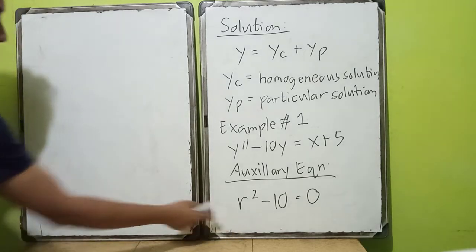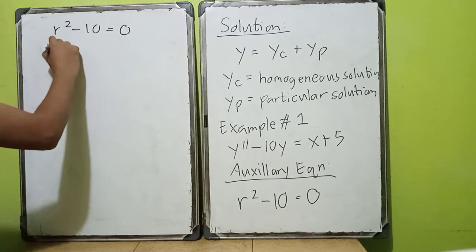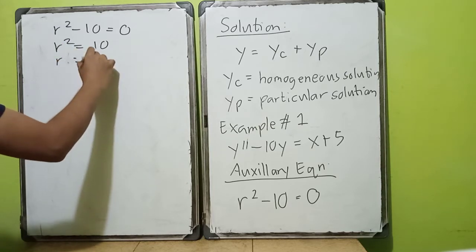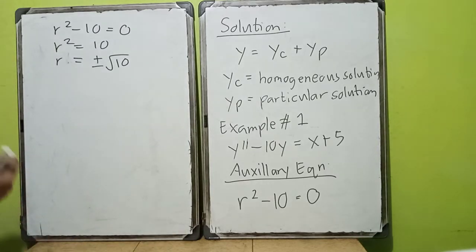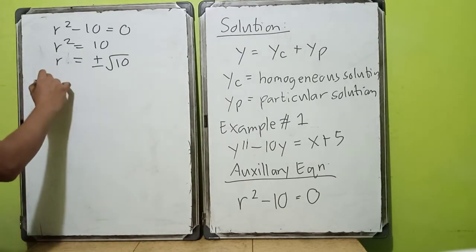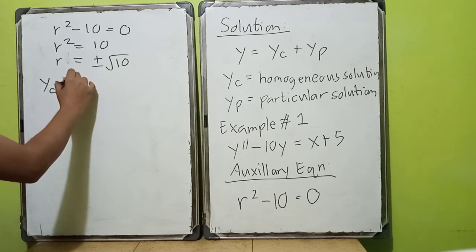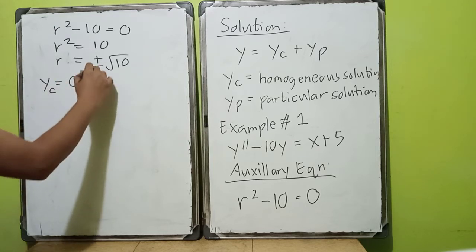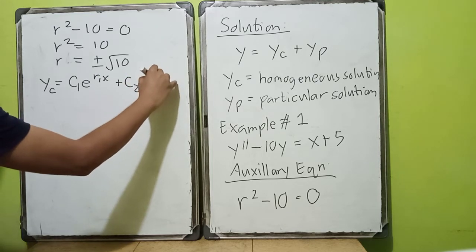Okay? So, the next thing we do, as always, we factor it. So, r squared is equal to 10. So, r here is positive and negative square root of 10. So, the solution, because this has two distinct roots, is yc, which is c sub 1 e to the power of r sub 1 x plus c sub 2 e to the power of r sub 2 x.